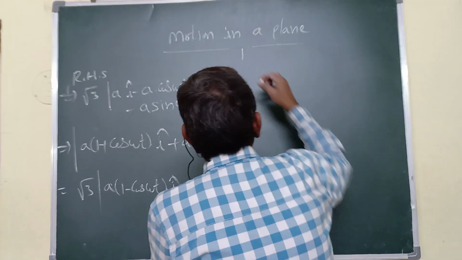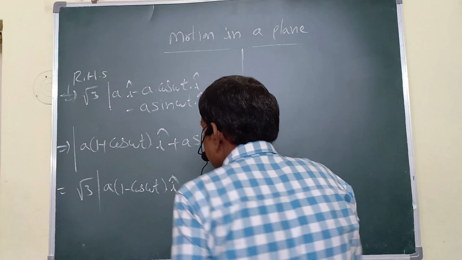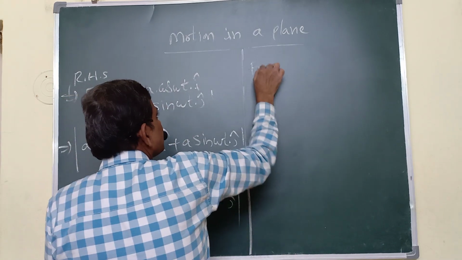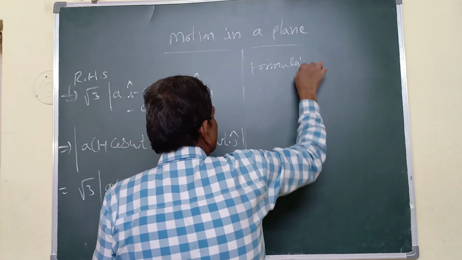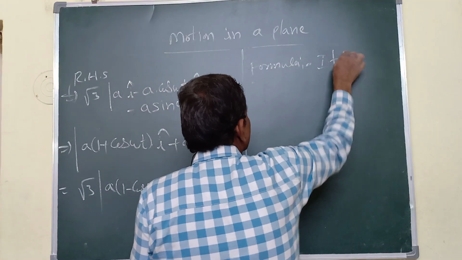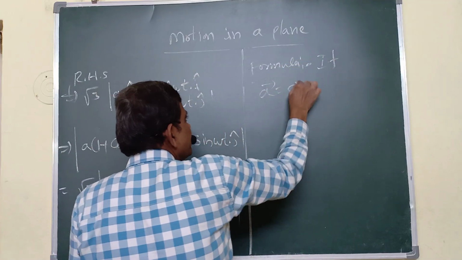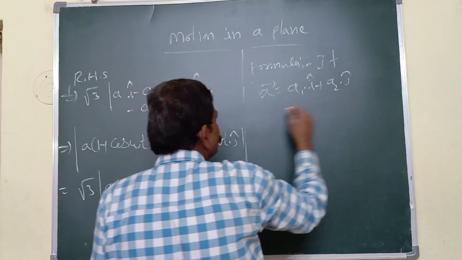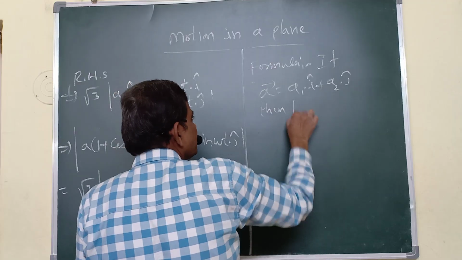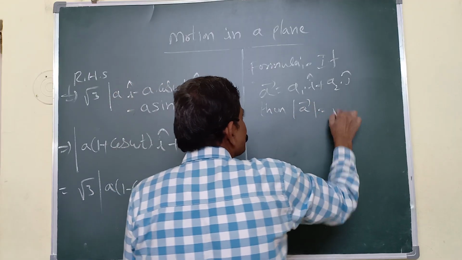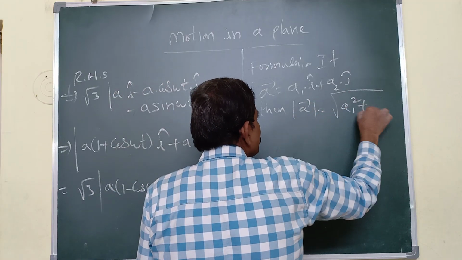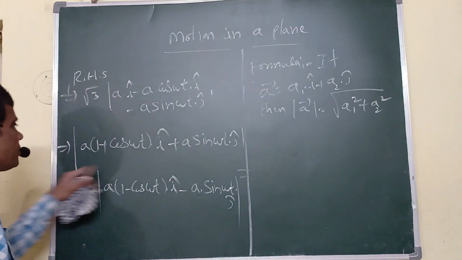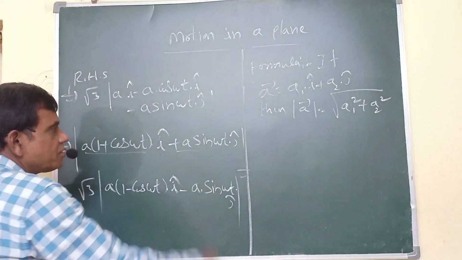You write the formula first: if A equals A1 i plus A2 j, then mod A equals square root of A1 square plus A2 square. That concept you apply. This is totally A1, this is totally A2.